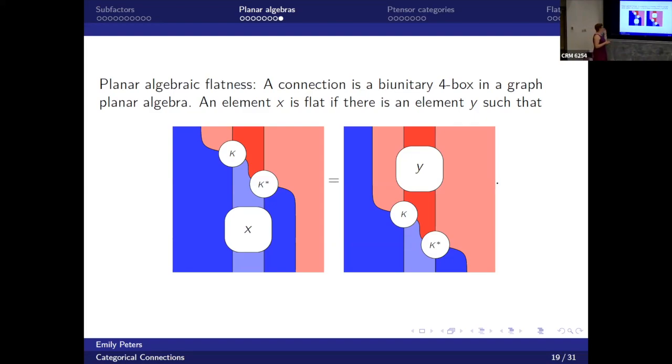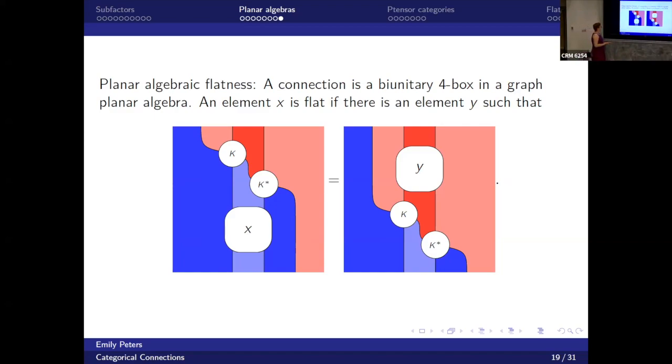And then a connection is a loop, right? A connection earlier assigned a number to a path that went around this four-partite graph. And so now we're saying a connection is some sort of four-box in my planar algebra that assigns a number to a path of length 4, to a loop of length 4 on this graph.